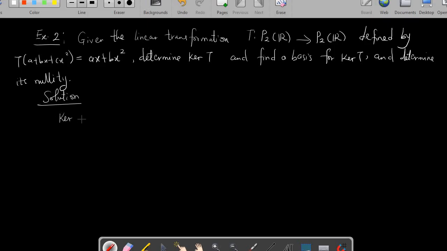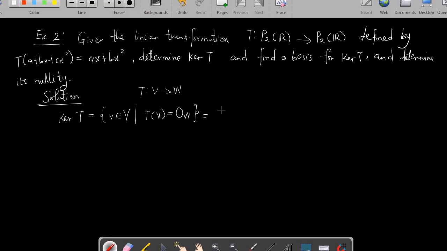Don't forget, the general equation for your kernel is the set of V, such that V is an element of your vector space V. When we started we said T maps V to W, so the kernel is simply this, such that T of V is equal to the zero vector of W, your codomain, right?